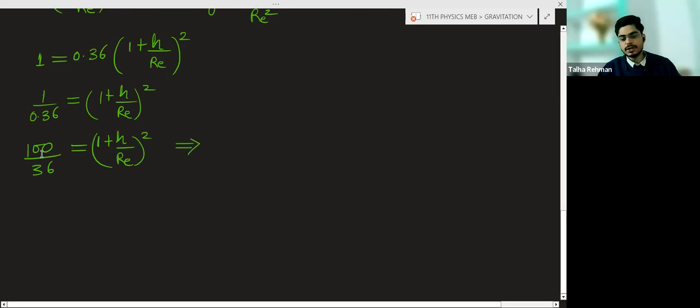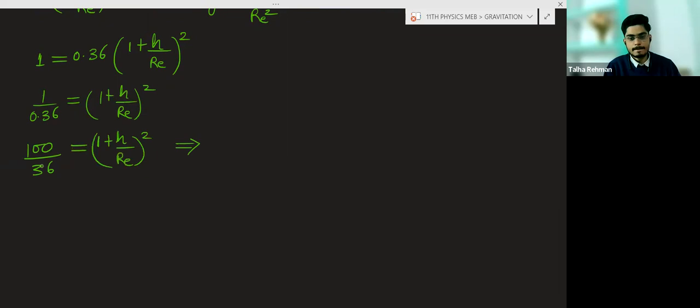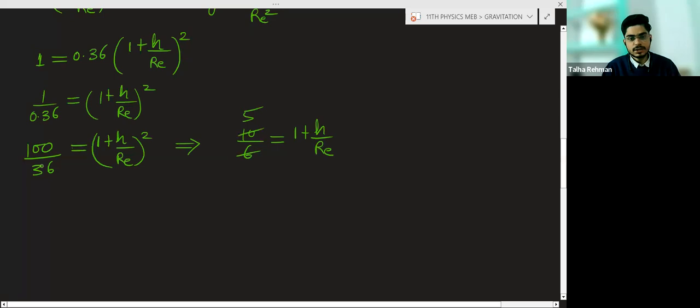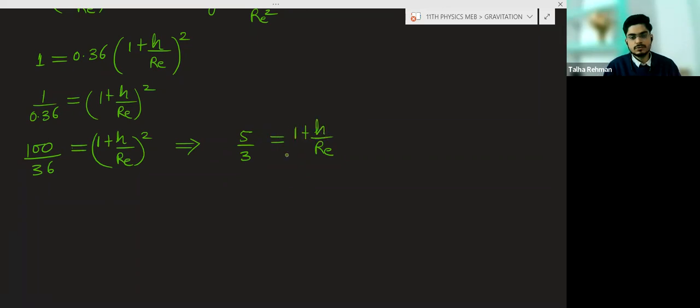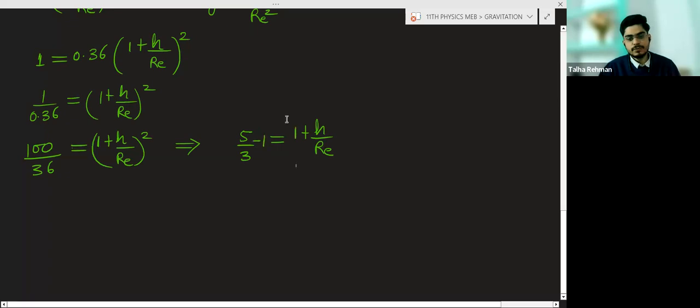Taking square root on both sides, you will get 10 by 6, and this is equal to 1 plus h by Re. So 10 by 6 can be written as 5 by 3, and this 1 comes to this side: 5 by 3 minus 1 equals h divided by Re.